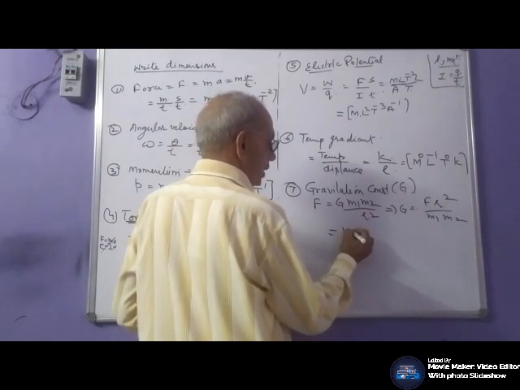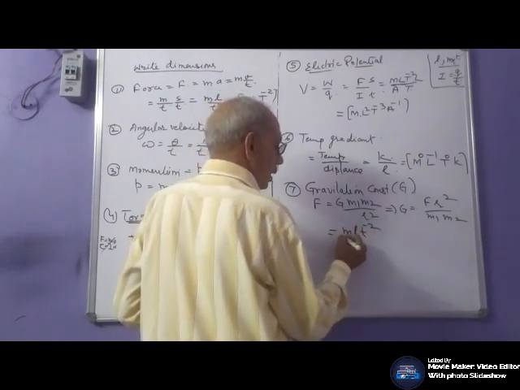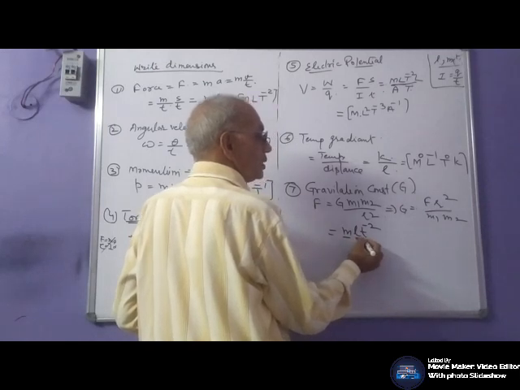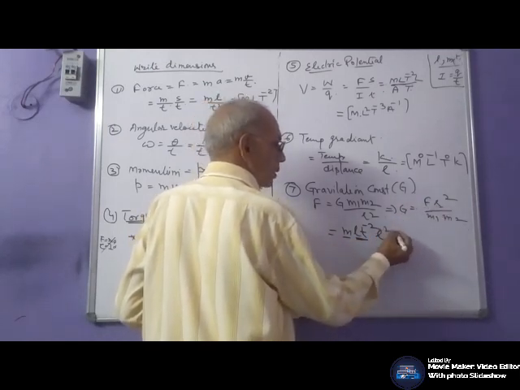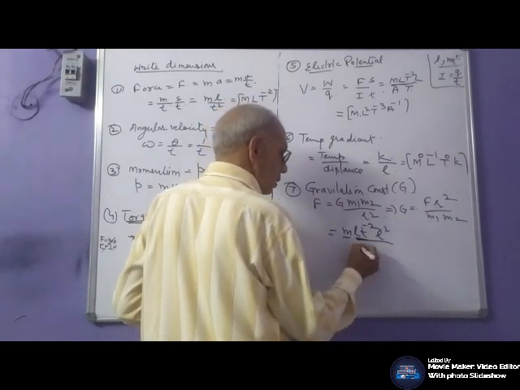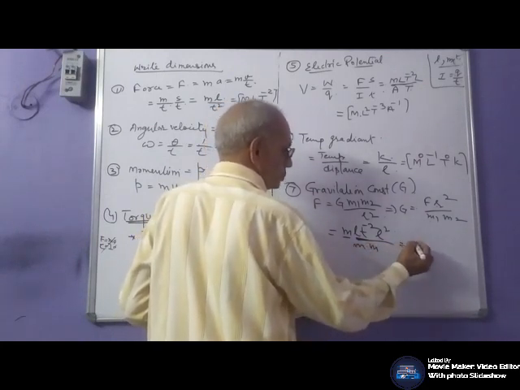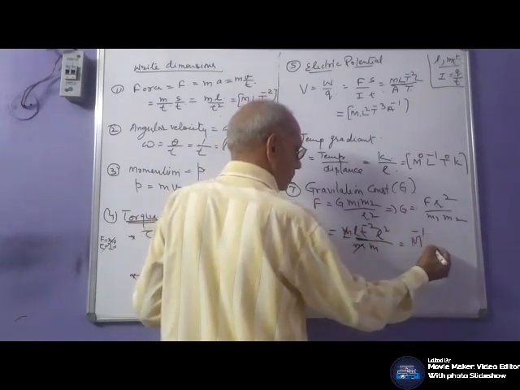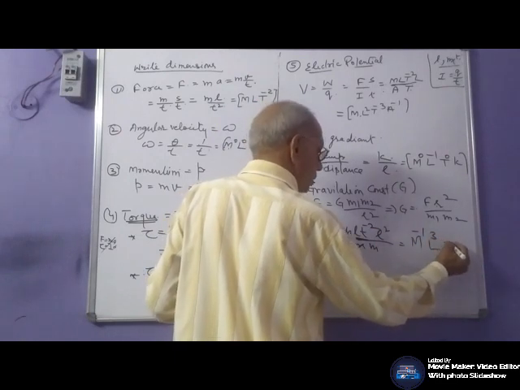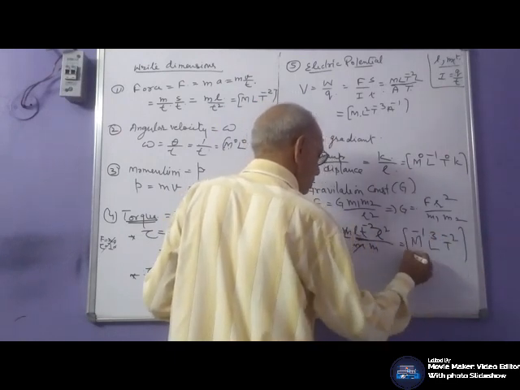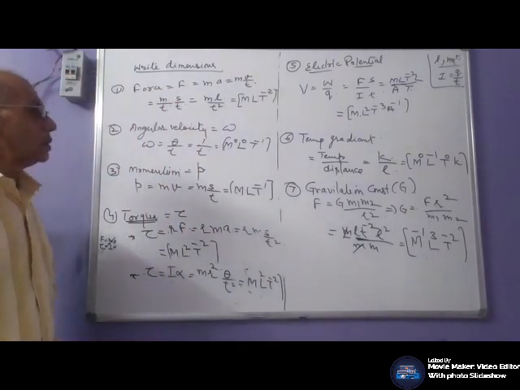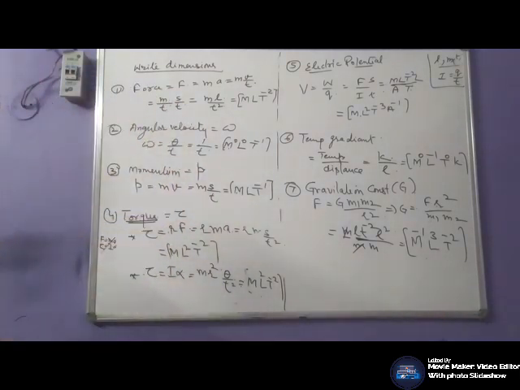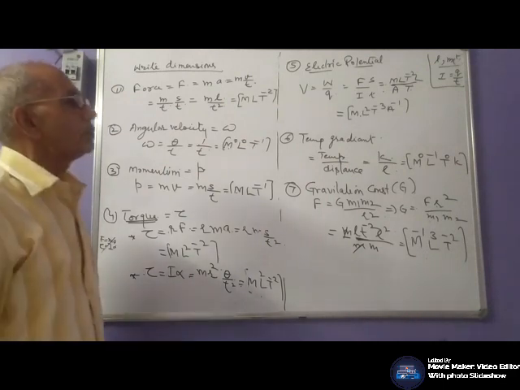F is ma, a is s by t square. m1 is M. So M minus 1 L cube T minus 2. So this is how to derive the dimensional formula for a particular physical quantity.